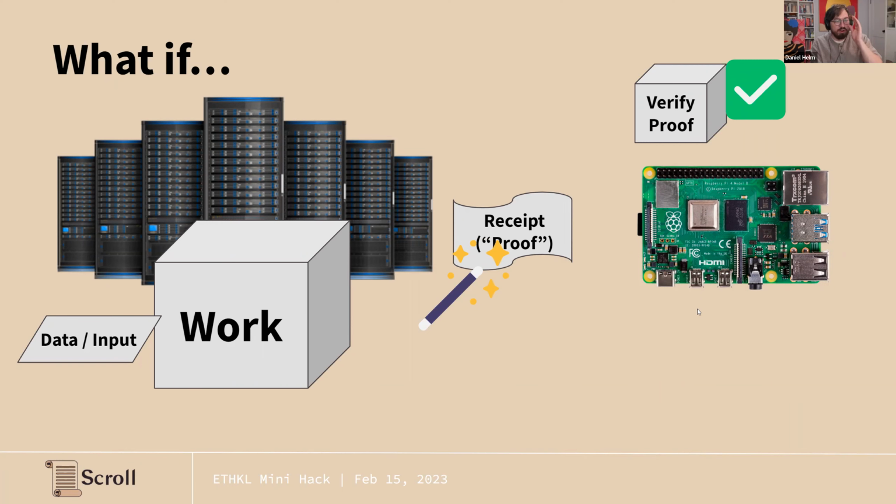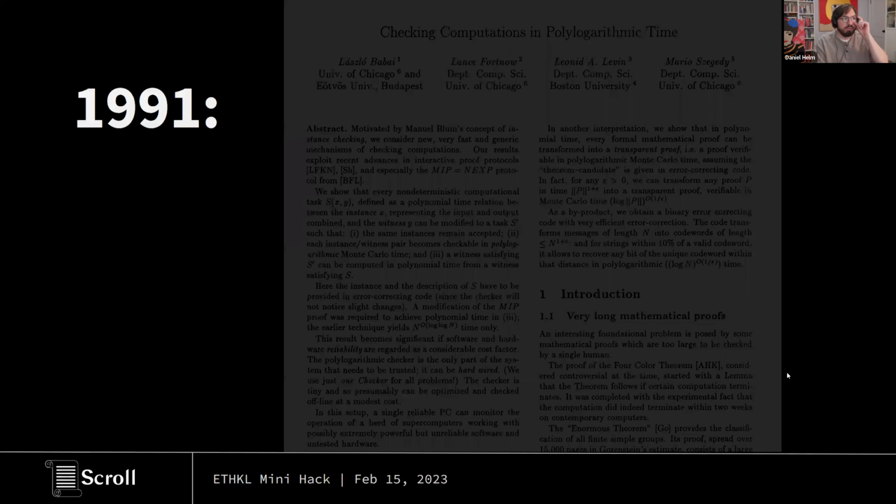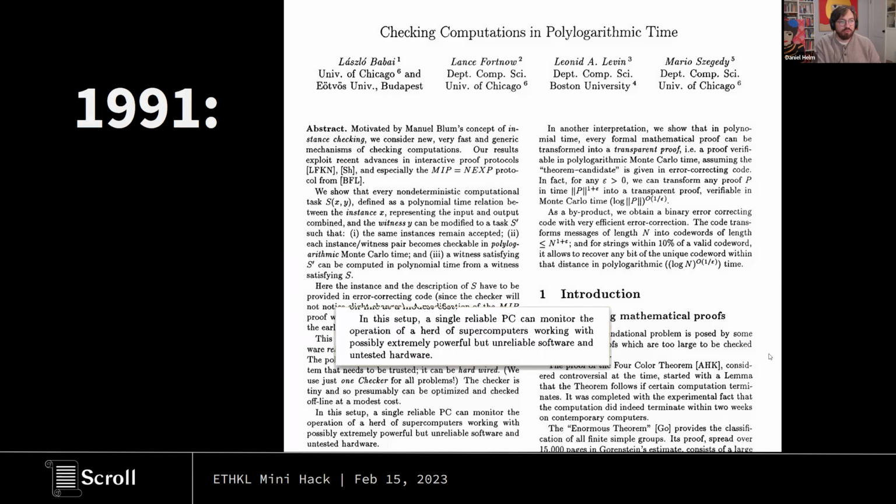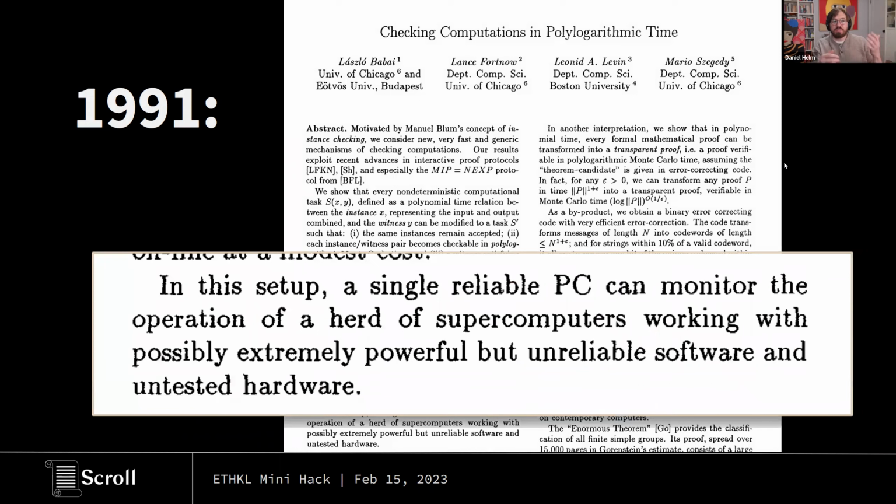Well, if you have heard of zk proofs and are aware of zero knowledge, the magic is going to take us in a time machine, but not forwards, but backwards to the 90s and even the late 80s, when we had papers like this. We had checking computations in polylogarithmic time. It's a mouthful. But at the time, there was research going on, coming up with a setup where a single reliable PC can monitor the operation of a herd of supercomputers working with extremely powerful but unreliable software and untested hardware, right?